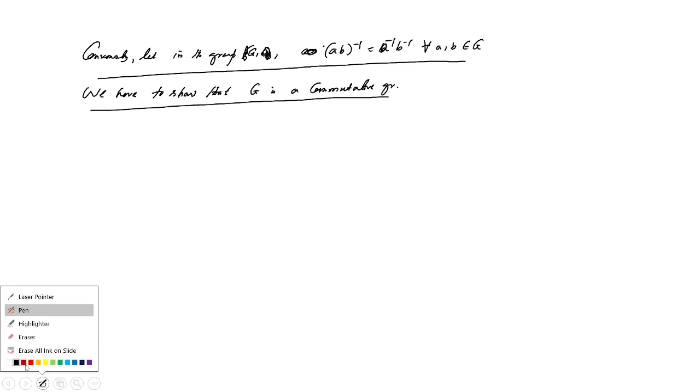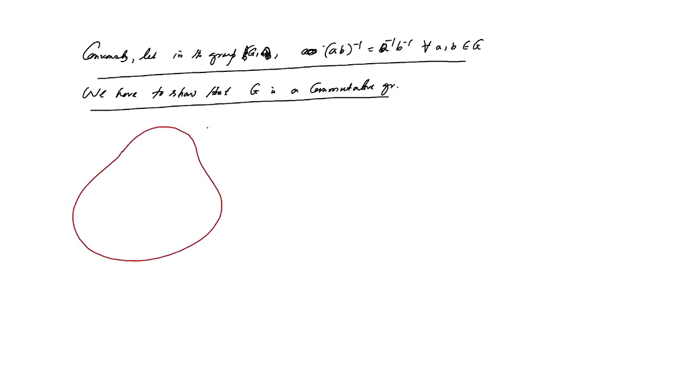Now how to show it? So what we will do is take any two elements A, B and show AB equals BA for all A, B belongs to G. Then G will be commutative.